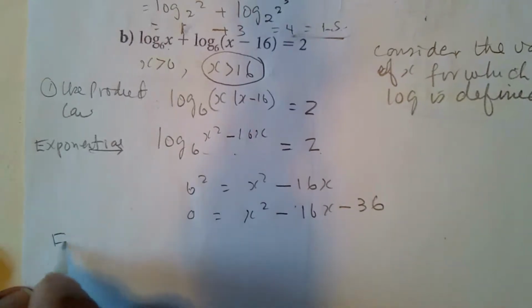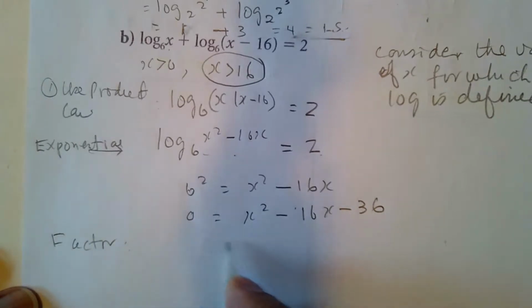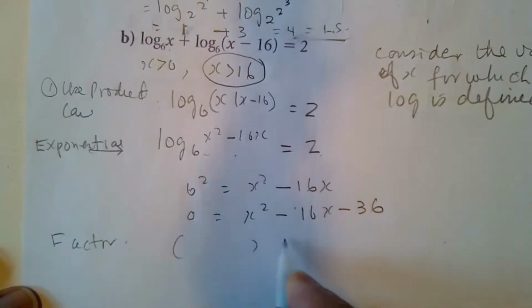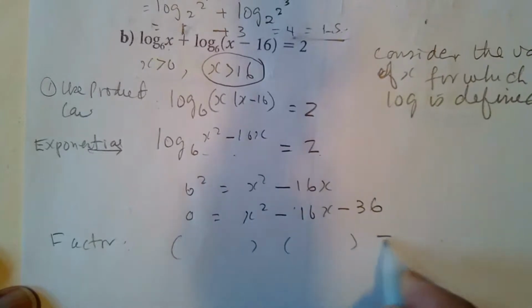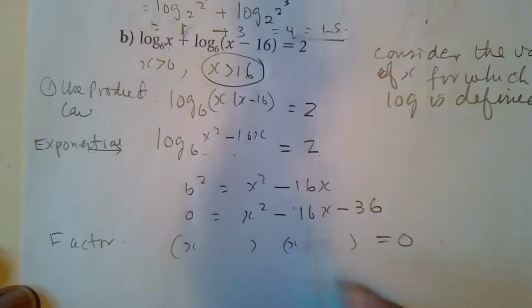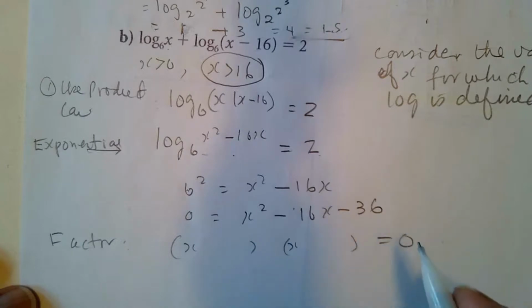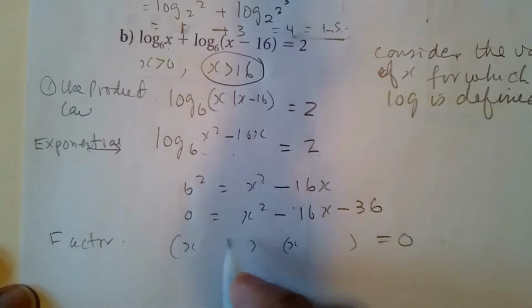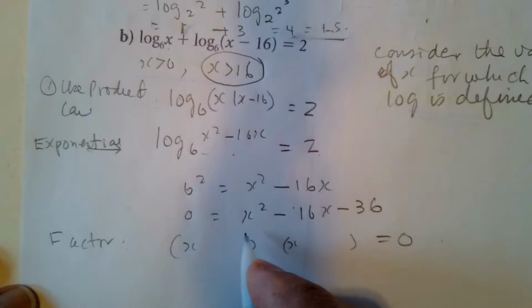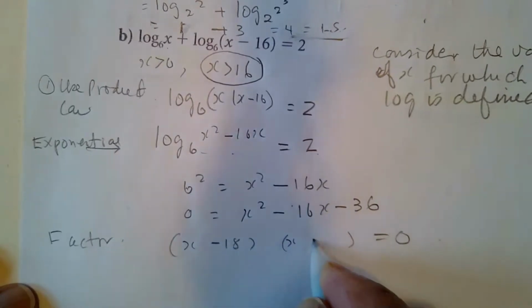Now we factor. If it's x and x, will that be 18 and 2? Oh, the factors of 36. Yes, so 18 and 2 are the factors here, so we can have minus 18 and plus 2.